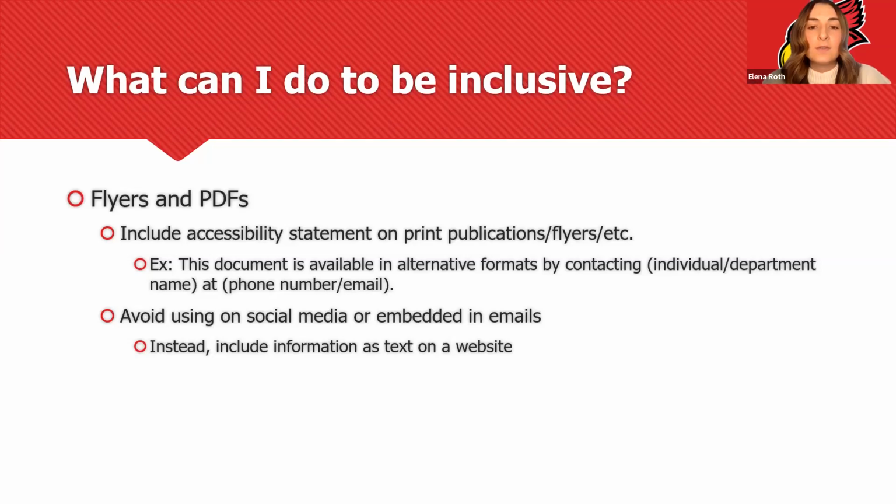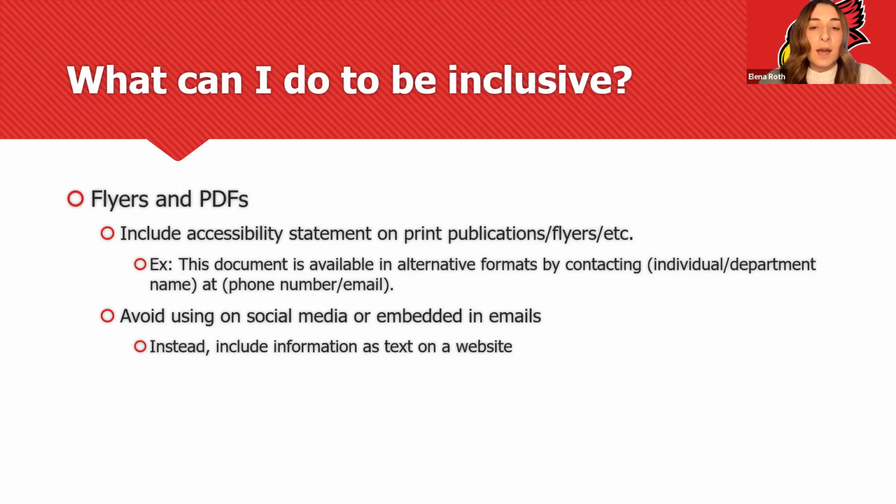Avoid using flyers and PDFs on social media or embedded in emails at all costs. Especially images of flyers on social media are not accessible in any way. And PDFs are really hard to make accessible. I don't know if anyone's tried, but it's really hard to make sure that all of the text is selectable so that a screen reader could see that there's even text on that page.